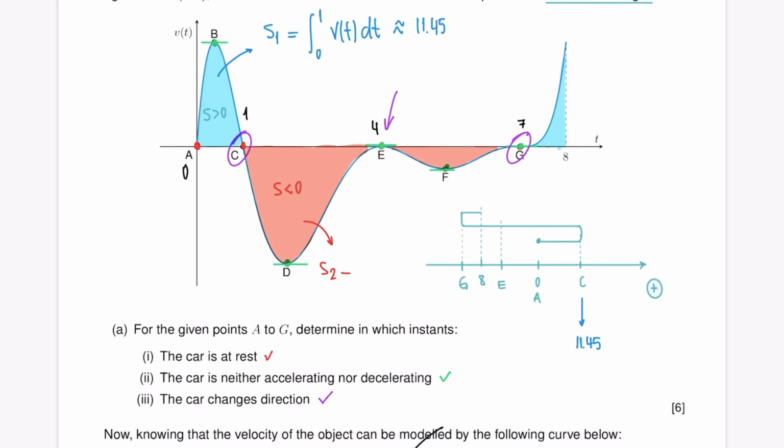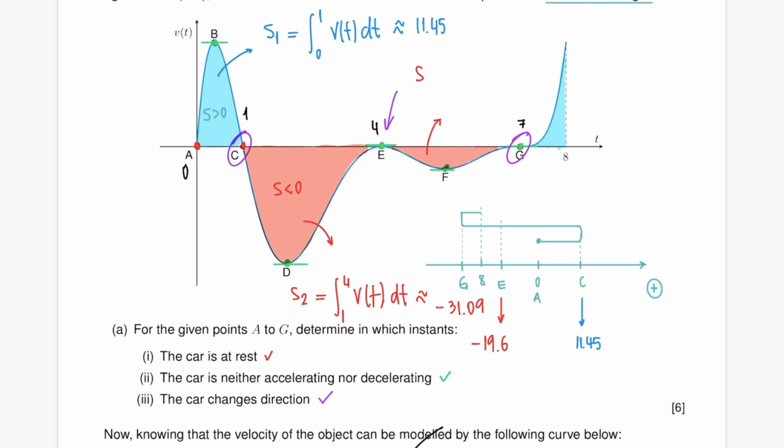Now we have S2, which is the integral from 1 to 4 of v of t dt, which is negative 31.09. From here, he goes 31.09 to the left, which means that he is at 19.6 to the left of the origin. We just added negative 31.09 to 11.45, keeping the sign, so that's why we got negative 19.6.